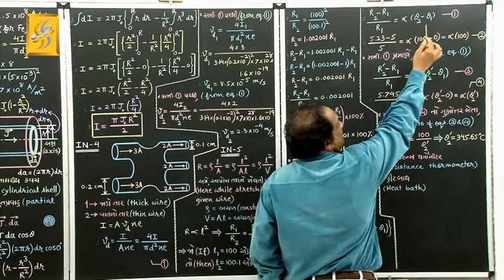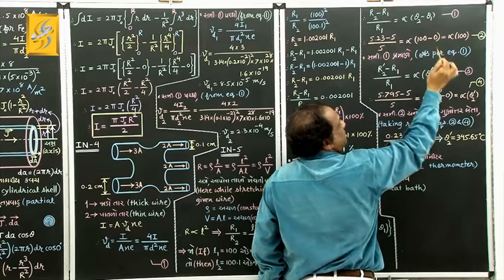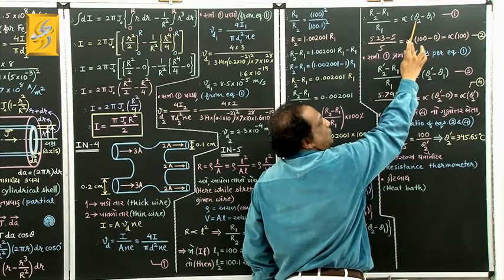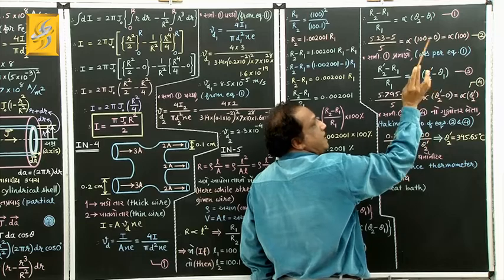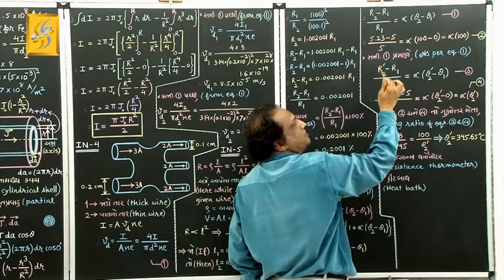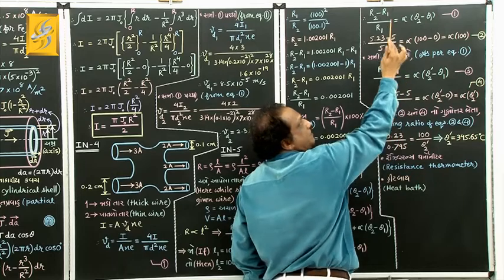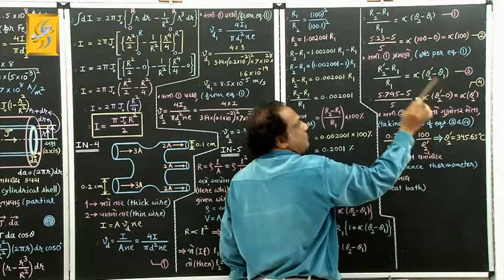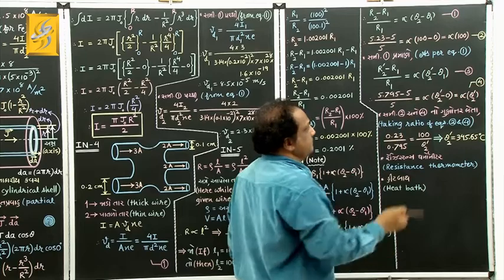Now here we keep this initial temperature as it is, but the final temperature we change from theta 2 to theta 2 dash, and at that new final temperature, the new resistance value I am showing by symbol R2 dash. Okay, this R1 as it is. Fine. Now tell me, what have they given in this statement?